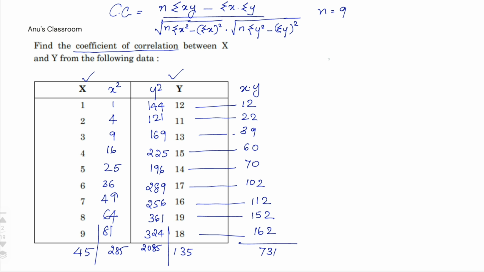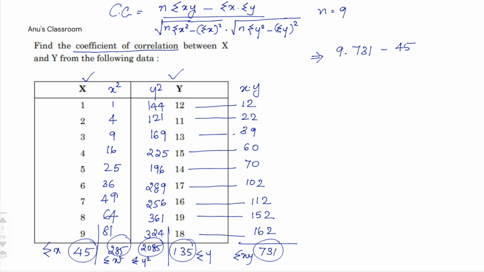So now we can apply them in our formula. 9 into sigma xy, which is 731, minus sigma x, which is 45. This is sigma xy. This is sigma x. This is sigma y. This is sigma y square. And this is sigma x square.